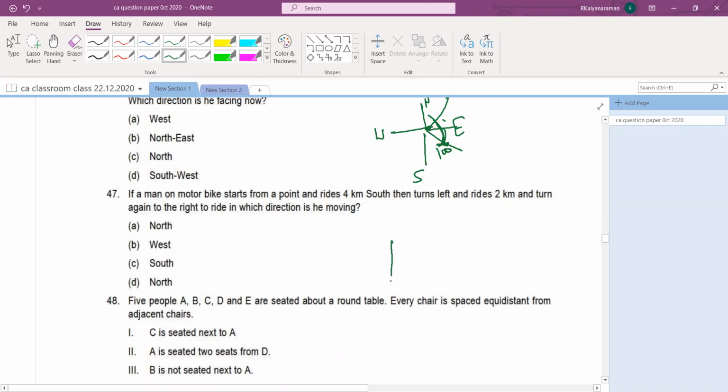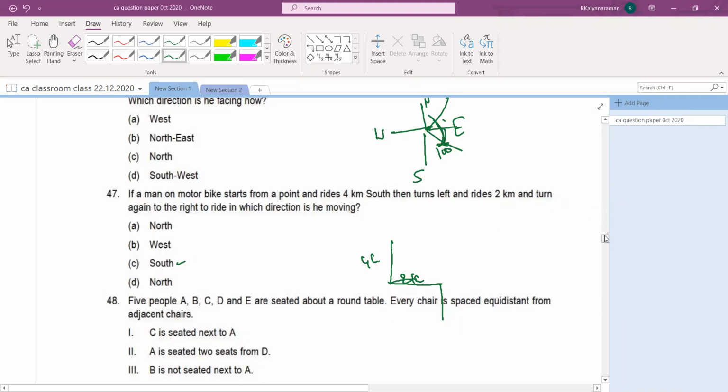So he comes 4 kilometers here, turns left, and rides 2 kilometers and turns again to the right. South. I hope all of you understand he is moving south.